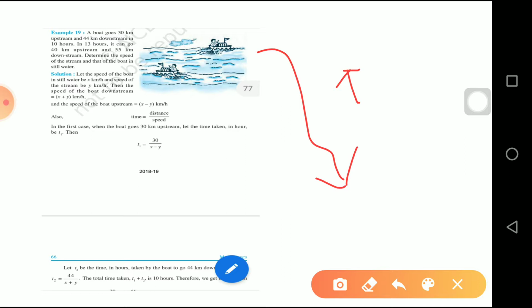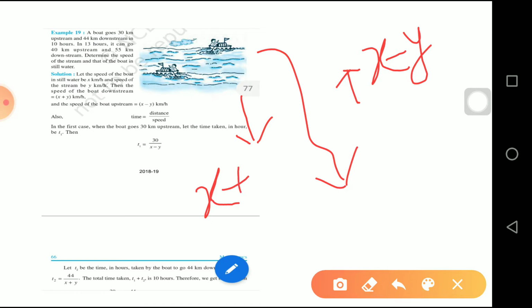That is, x is subtracted by y. But if we go in the flow of water, the speed of boat in still water will be added by the speed of stream. This is clear?